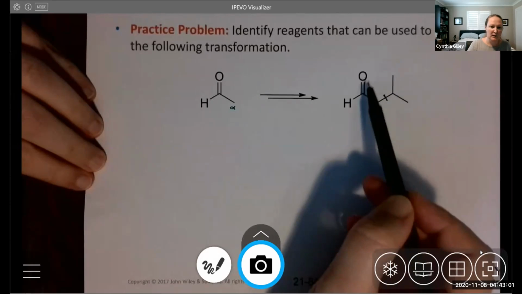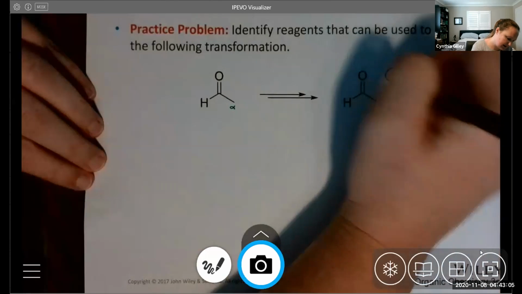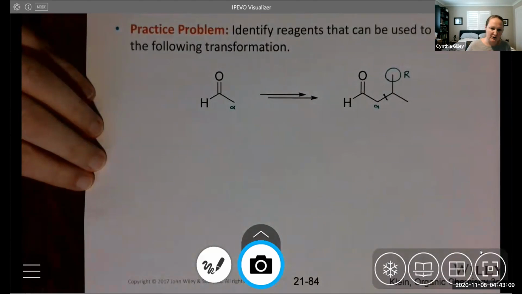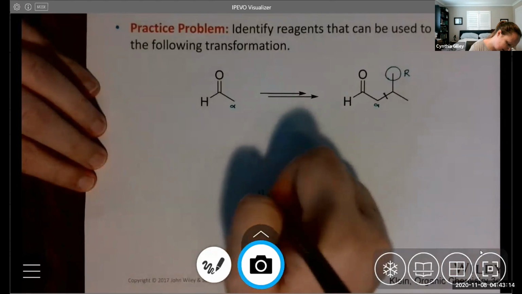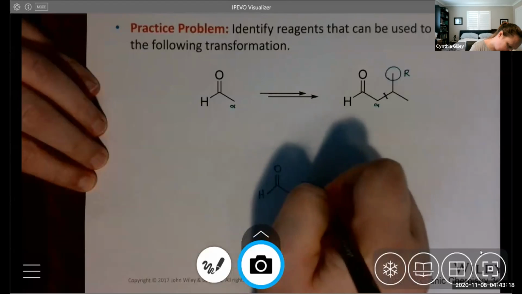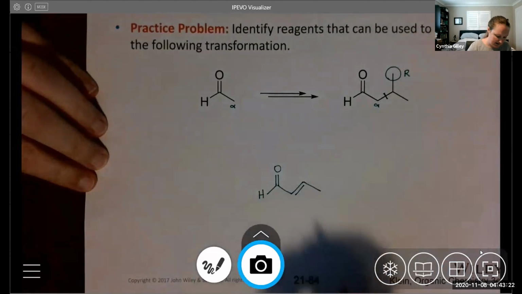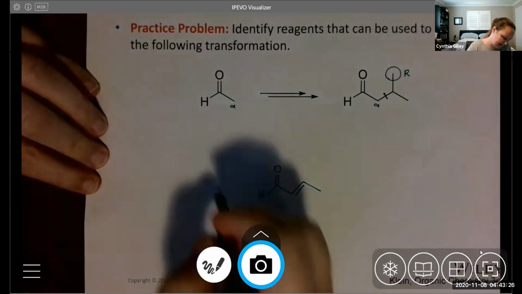So perhaps we might think about introducing this R group via conjugate addition. If that's the case, then we might target perhaps this alpha beta unsaturated aldehyde as our key synthetic intermediate.